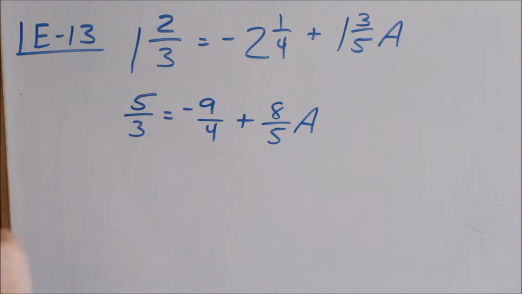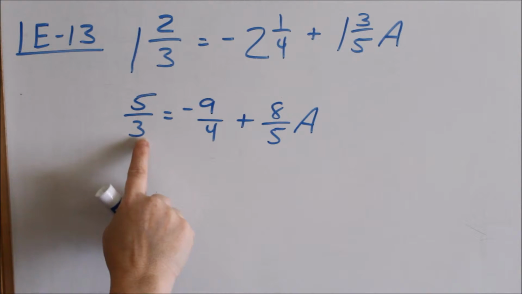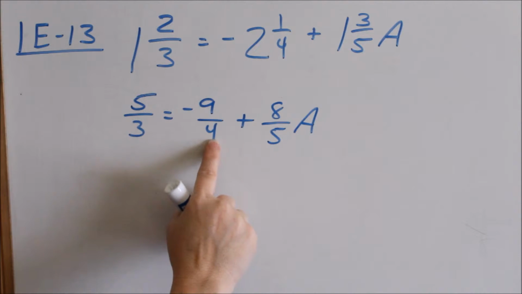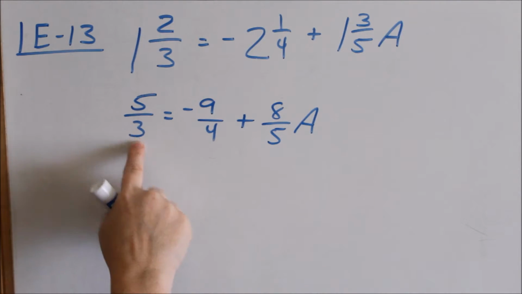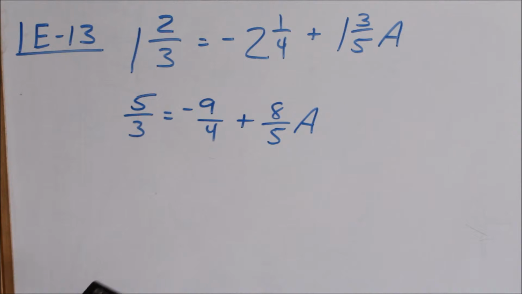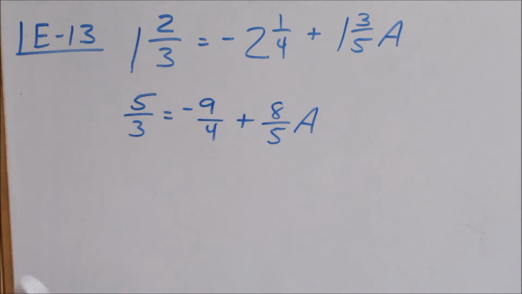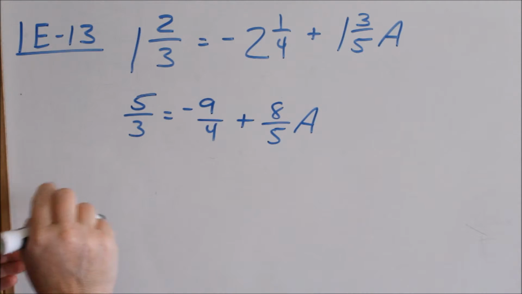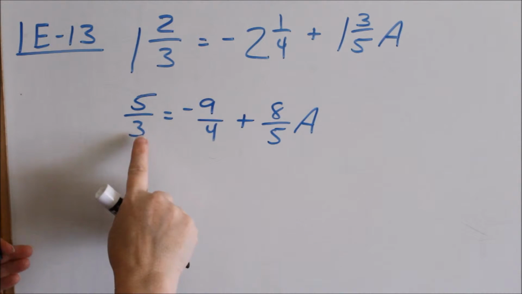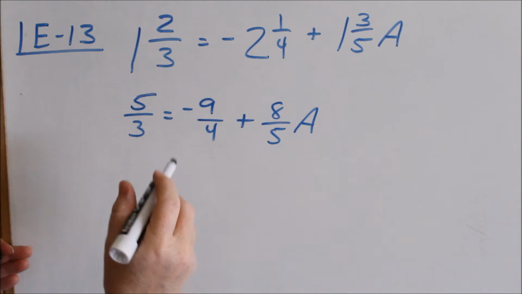So your worst case scenario is you can multiply all 3 numbers together. 4 times 5 is 20, times 3 is 60. So that means I can multiply every one of these by 60, and that will make my denominators cancel. So the worst case scenario is to multiply all 3 of your denominators together.